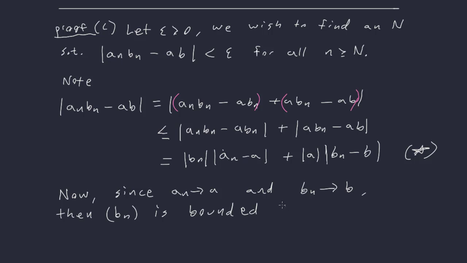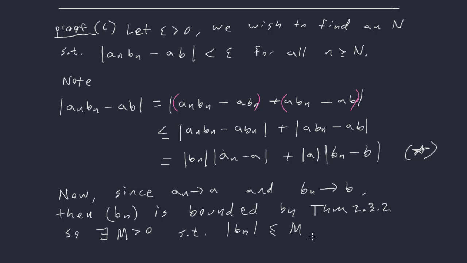And this is thanks to theorem 2.3.2. So there exists, say, a capital M greater than 0 such that the absolute value of bn is less than or equal to this capital M.